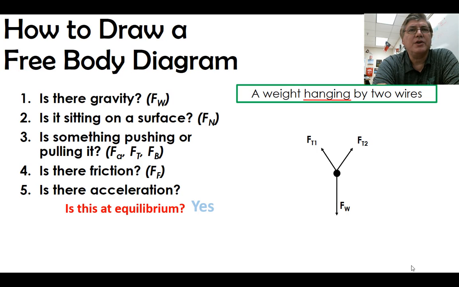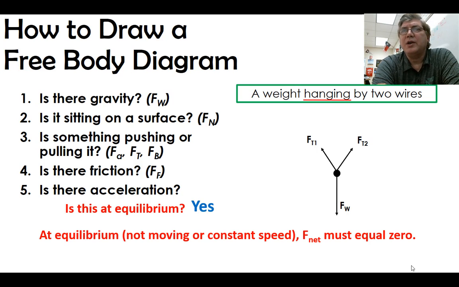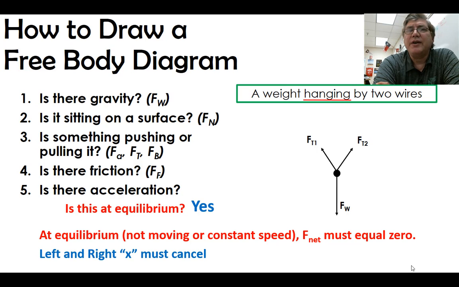That would mean that this was at equilibrium. At equilibrium, the net force must be equal to 0. Well, we've got some odd angles here that we haven't seen yet. So what can we just qualitatively understand from these 2 angles? The first is that the left and right have to cancel each other. If they didn't, this would be moving to the left or right.